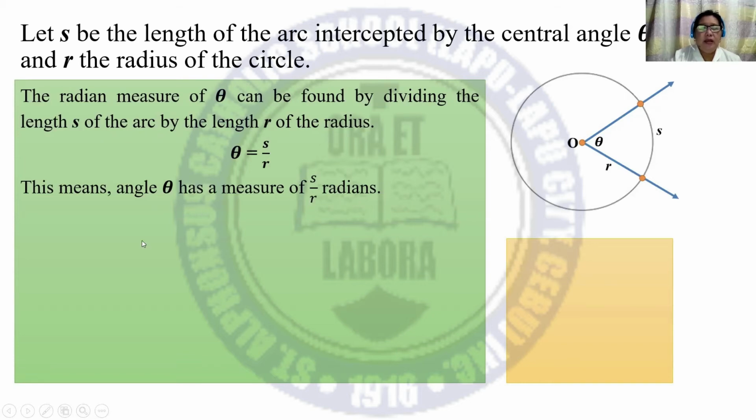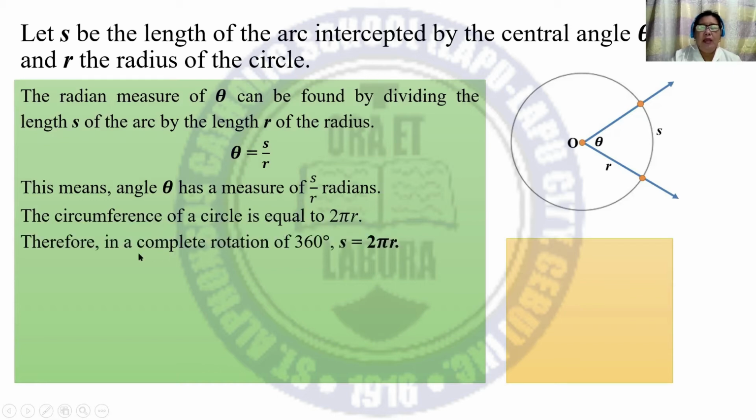And recalling the circumference of a circle, that is equivalent to 2 pi r. Therefore, in a complete rotation of 360 degrees, S is equal to 2 pi r.